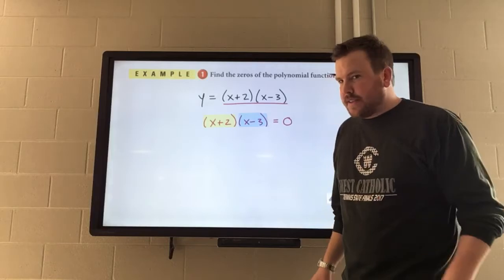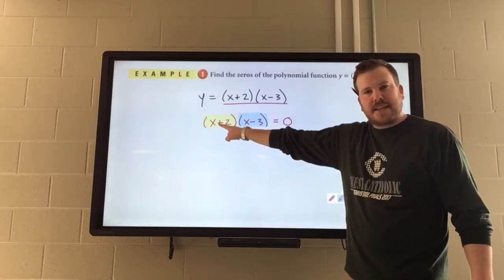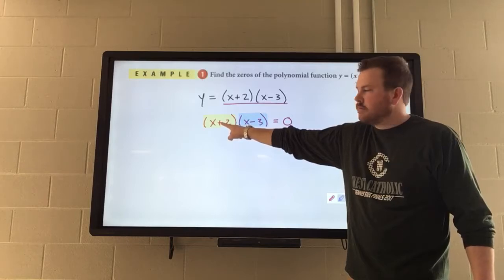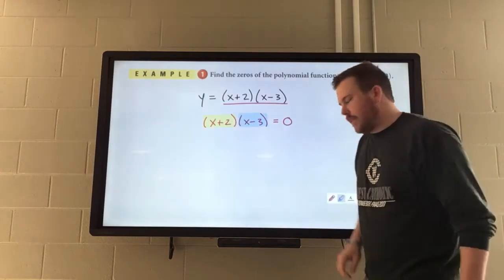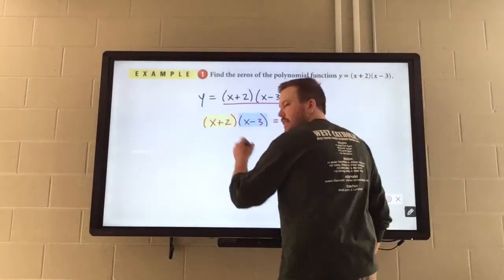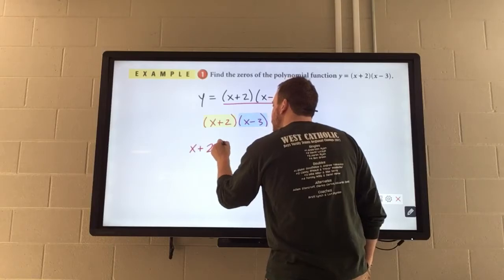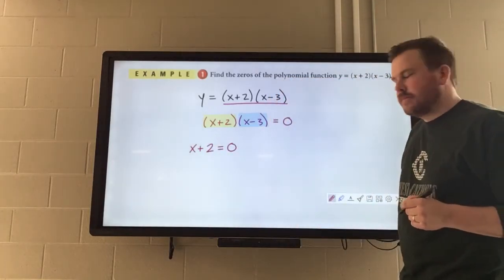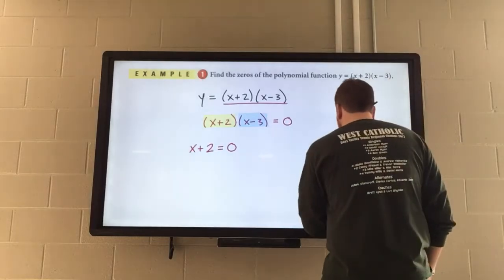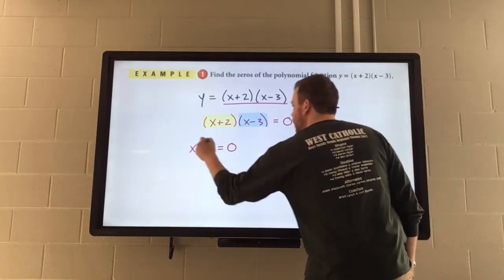So my question is this. What value of x makes the yellow number 0? Hopefully you can see it by looking at it. But here's what we do instead. We take our yellow number, x plus 2, and we set it equal to 0. And let's go ahead and solve.